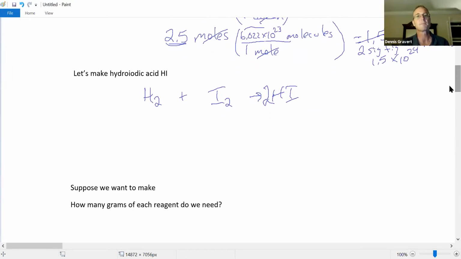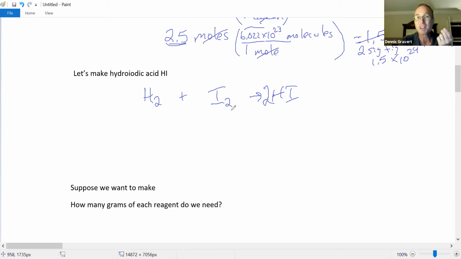All right, now let's do some calculations. Suppose we want to make, well, this is where I would actually write an exam question and give you a quantity. But let's start out with basic principles. Let's start simple, in other words. So look at the recipe, and what is this saying? One way to interpret this is go get one molecule of hydrogen, you know, 2 atoms of H stuck together, just one of them.